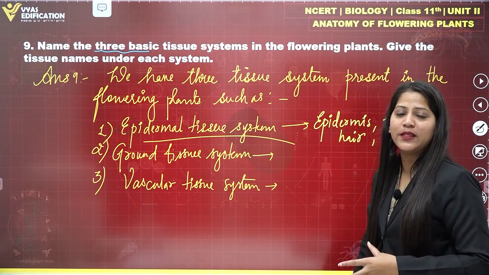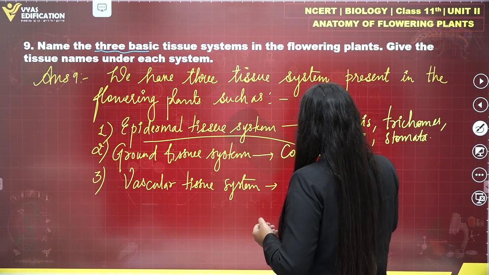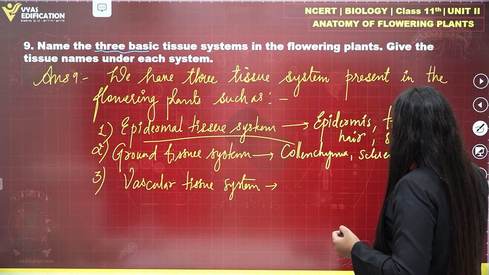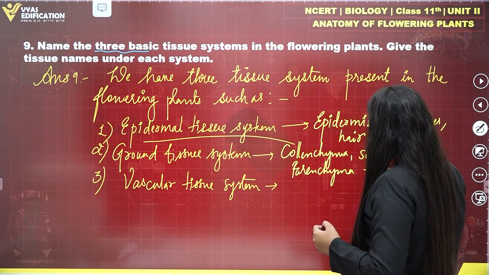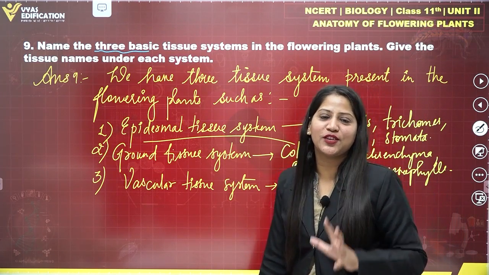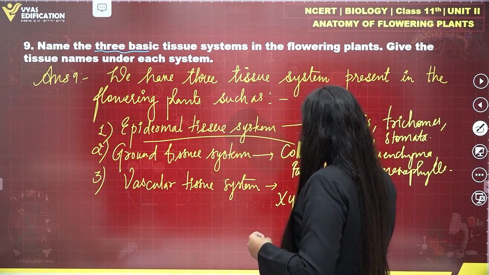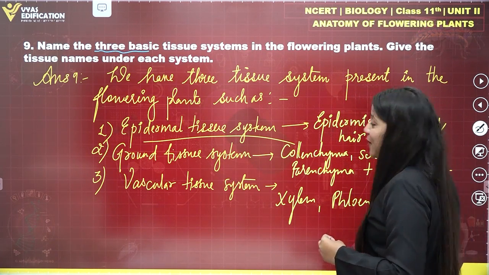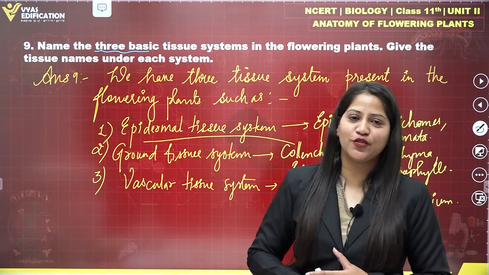The next one, the ground tissue system, includes collenchyma, sclerenchyma, parenchyma and mesophyll cells. The last one is the vascular tissue system, which includes 3 things: xylem, phloem and cambium. These are the tissues included in the vascular tissue system. So with this we have completed solution number 9.